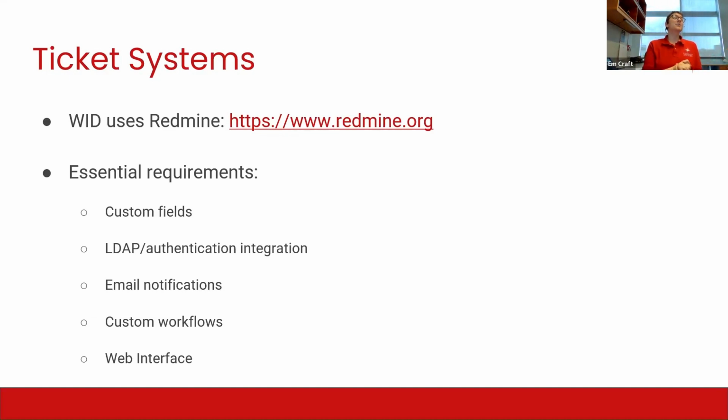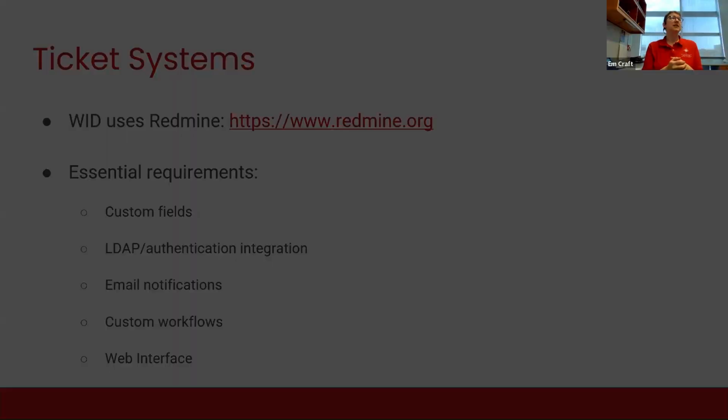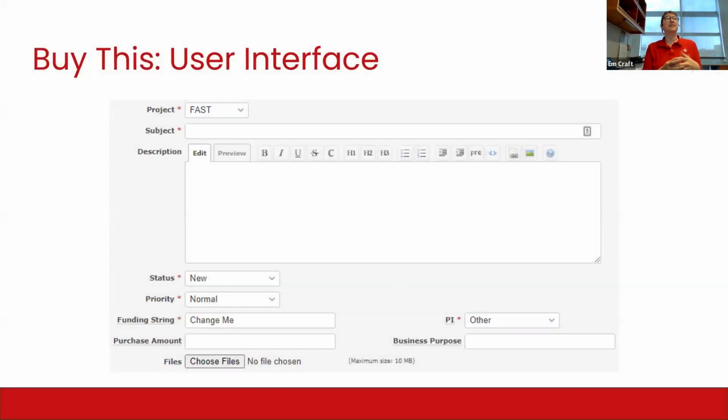Anyway, the things we cared about for a ticket system are listed there. Most importantly is integrating within our login systems and being able to create all the custom parts that we need of it, having the workflows, the custom fields, and so on. So the first topic for our ticket system is somebody saying, buy this.